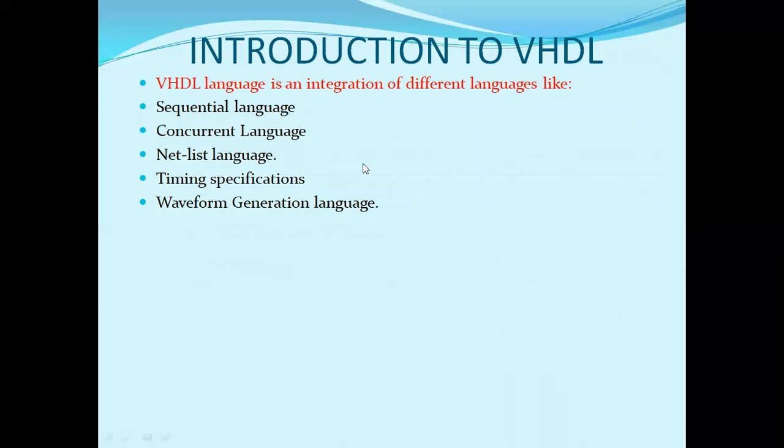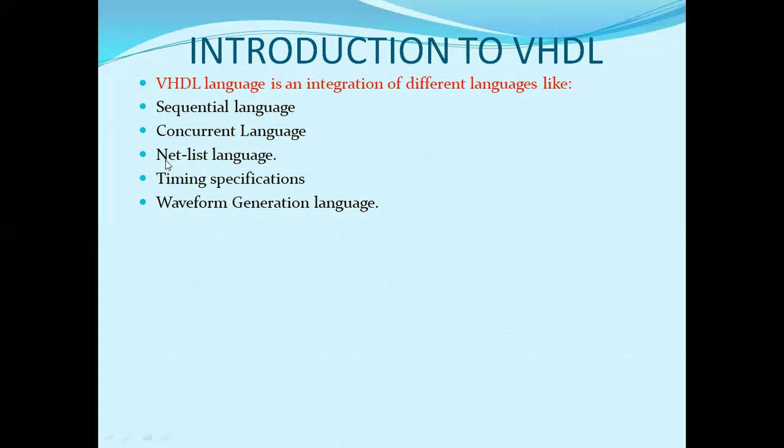That means VHDL is not a single language, it is a combination. It is a sequential language, that means step by step processing is performed by VHDL, and it supports a concurrent language also, that means parallel execution of the program can be performed.